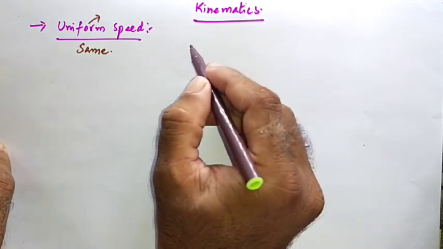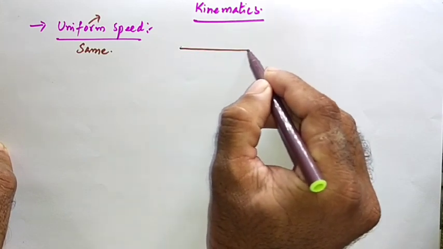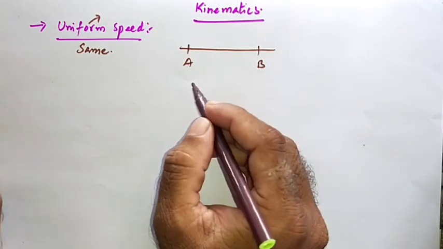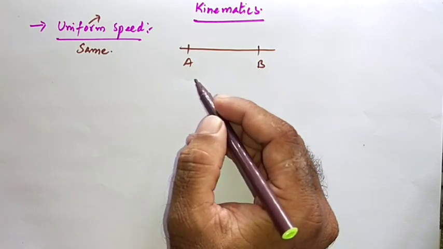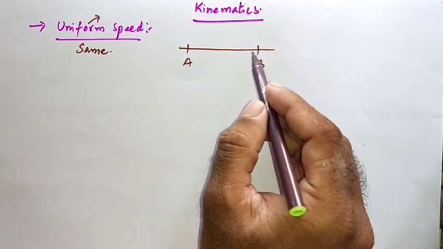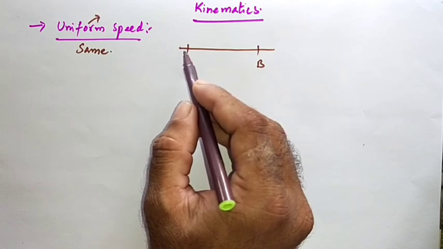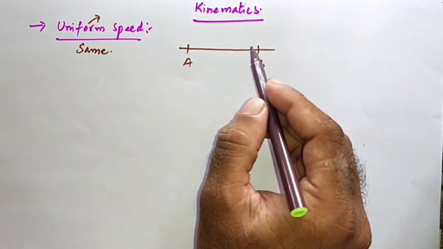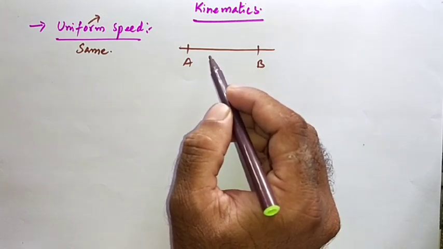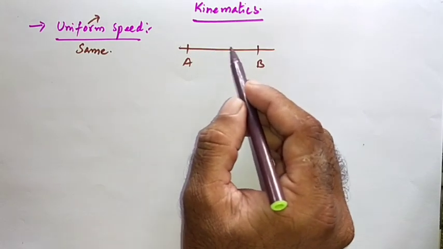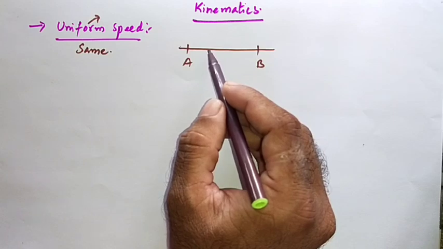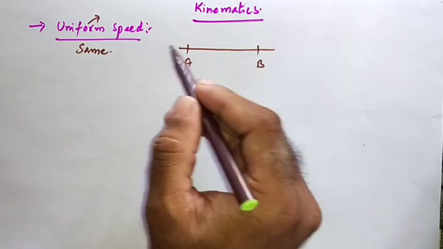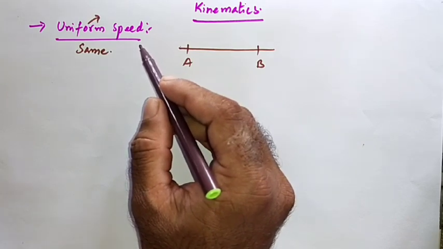Let us take an object moving from point A to point B. If it has the same speed at any point, then we can say that it is moving with uniform speed.